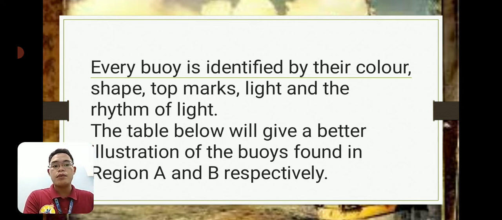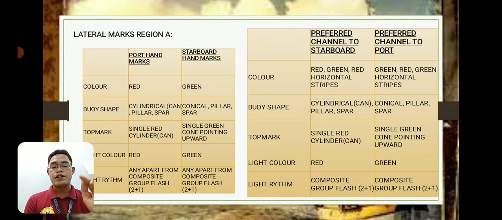So the table below will give a better illustration of the buoys found in region A and region B respectively. Next, the lateral marks in region A. In the table, for the color, the port hand marks are red, and the starboard hand marks are green.